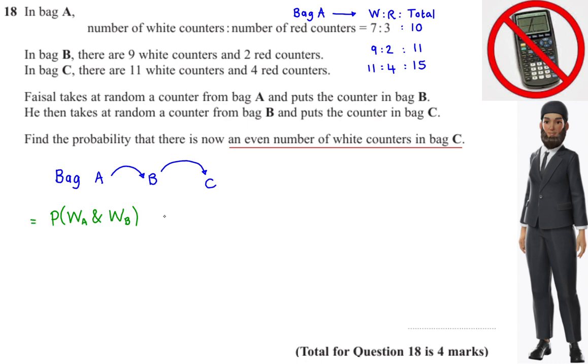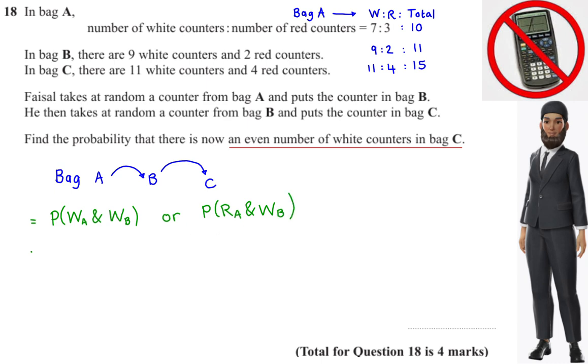Alternatively, instead of getting a white from bag A, we may end up getting a red from bag A, followed by a white from bag B moving on to bag C.